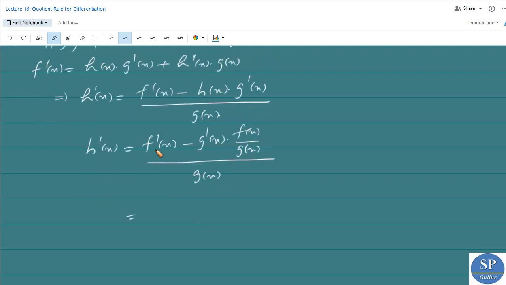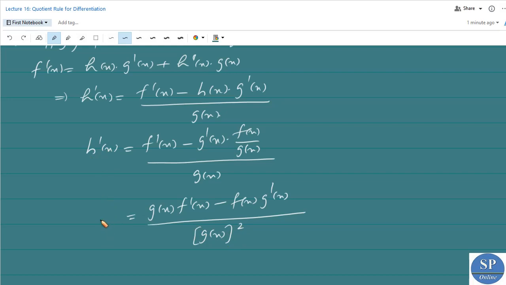So this is g of x into f dash of x minus f of x into g dash of x divided by g of x here and g of x here. So g of x whole square. This is h dash of x.